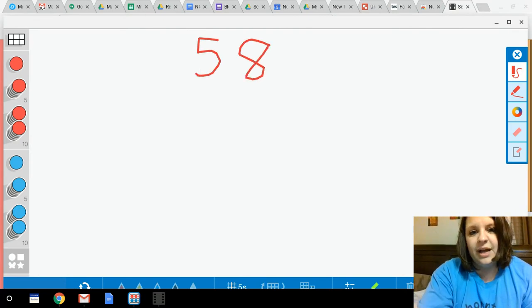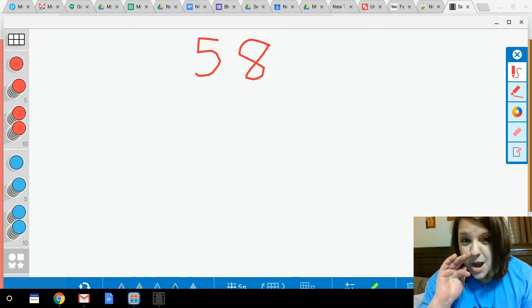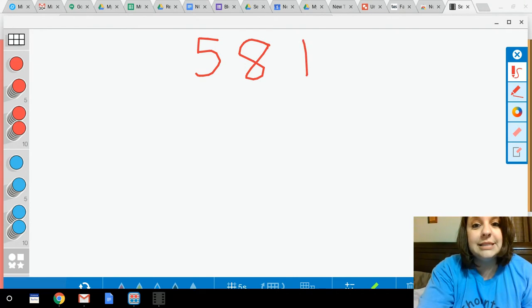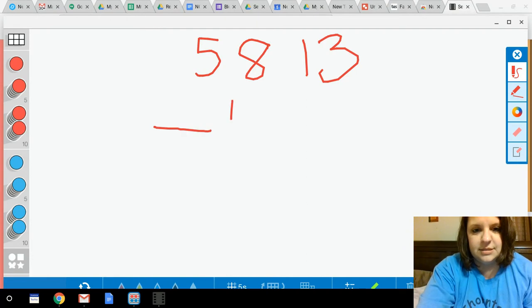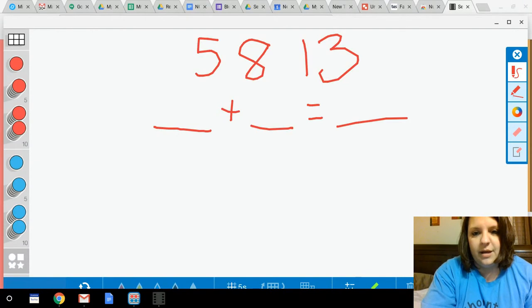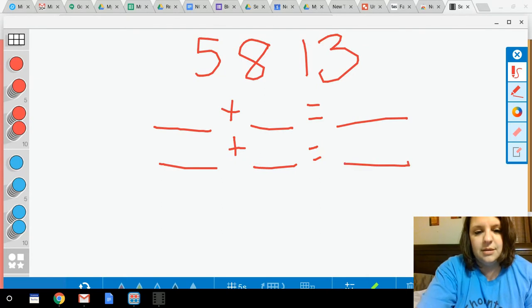So we have 5, 8, and what would my last number be for this fact family? Hopefully you told me my favorite number, 13. Okay, so now we have to have two addition number sentences. So we have our first addition, our second addition number sentence.